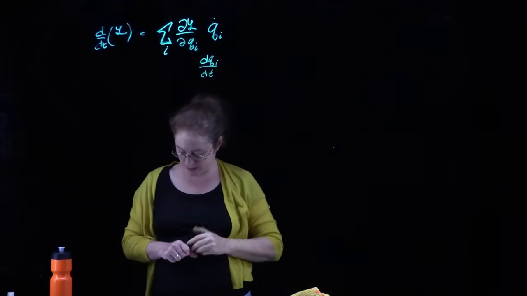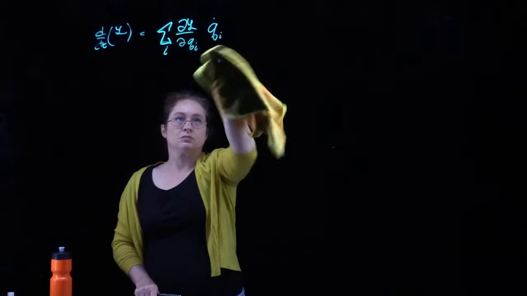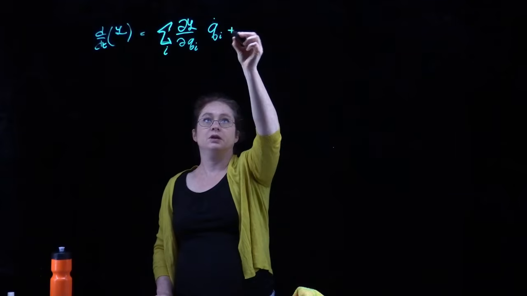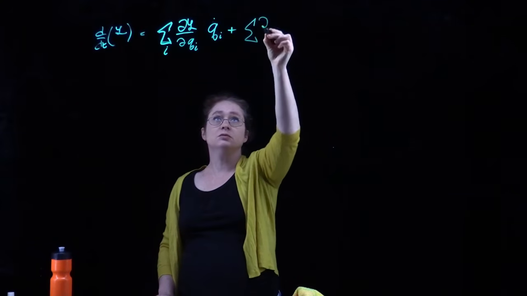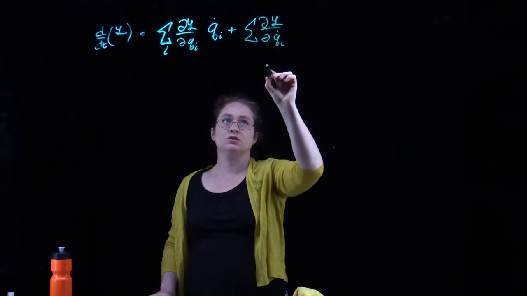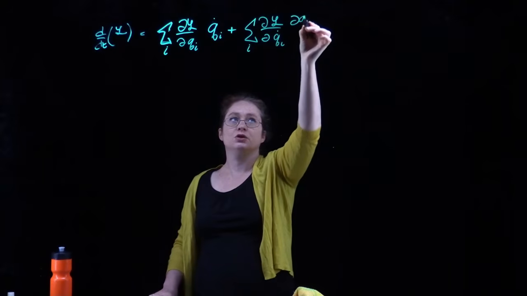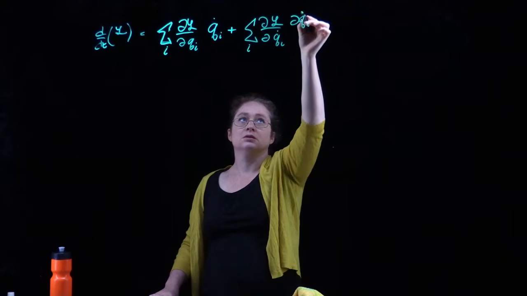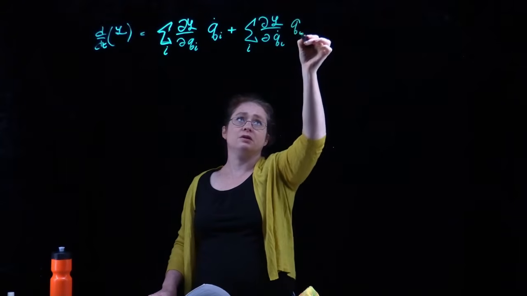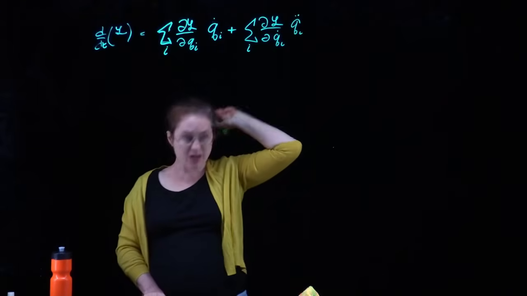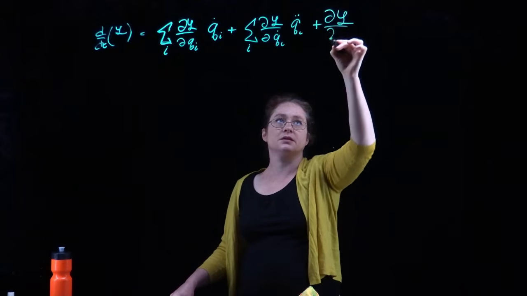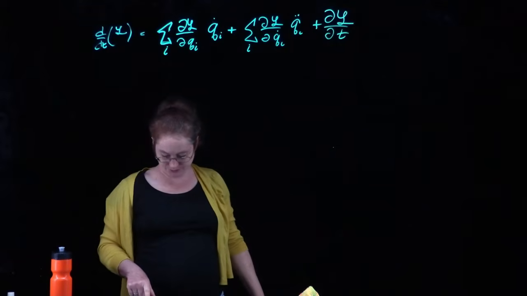So when we multiply these, we get a time dependence. And then we will get plus the partial derivative of the Lagrangian with respect to the qi dot, times the time derivative of the qi dot, which is qi double dot, plus any explicit time dependence of the Lagrangian.